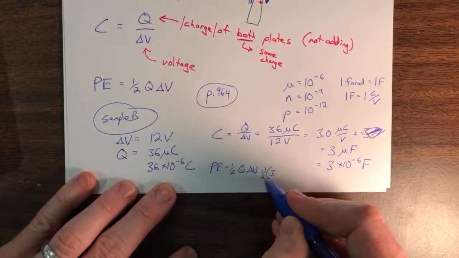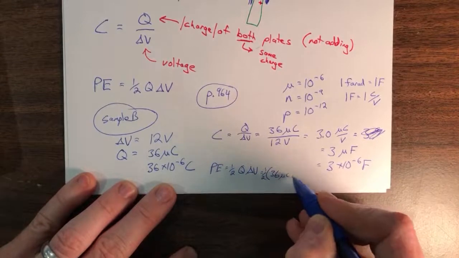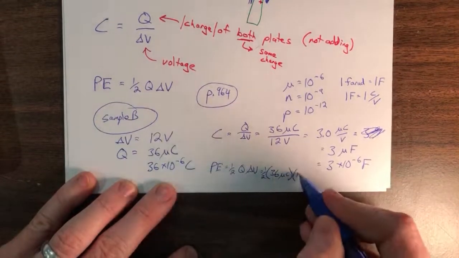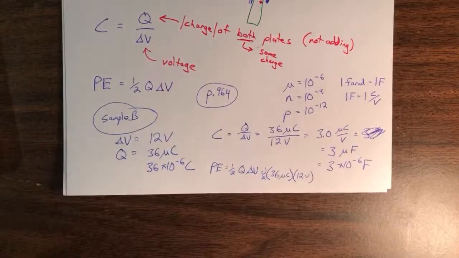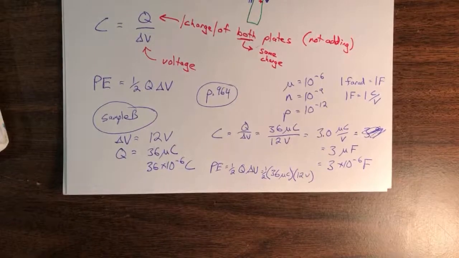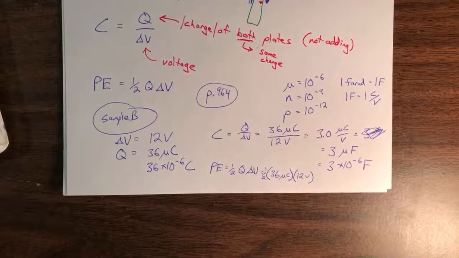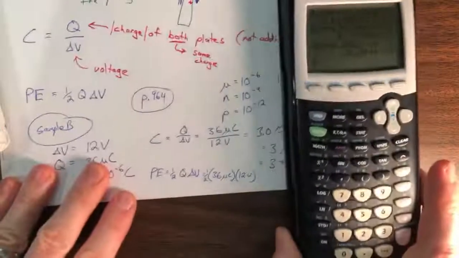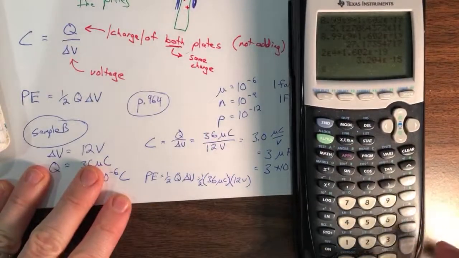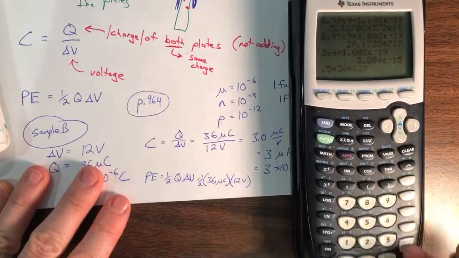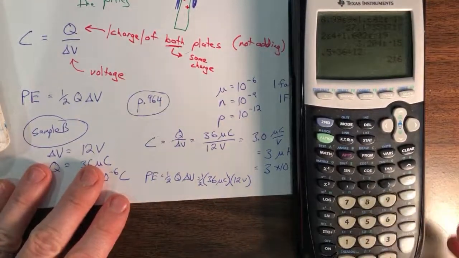So it's 1/2 times 36 microcoulombs times your 12 volts. And let's go ahead and calculate that. So it's 1/2 times 36 times 12, and that's going to get us 216.